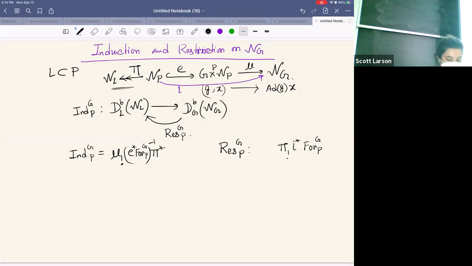If you don't know what this map means, you don't have to care about it. It just allows us to go from small to big, big to small. So a remark is that this restriction is left adjoint to the induction.